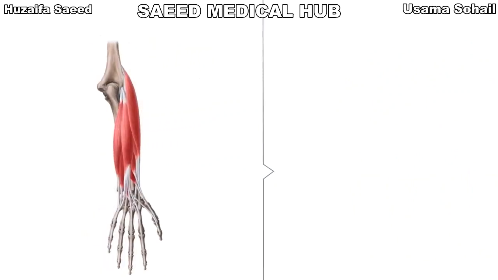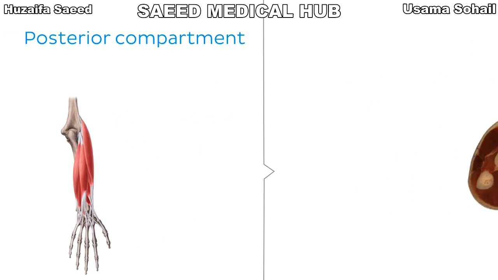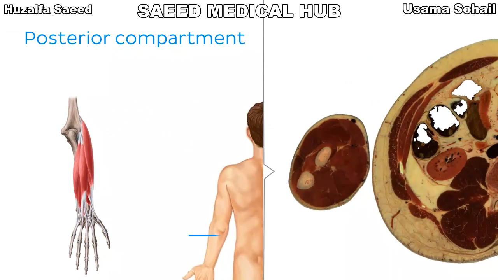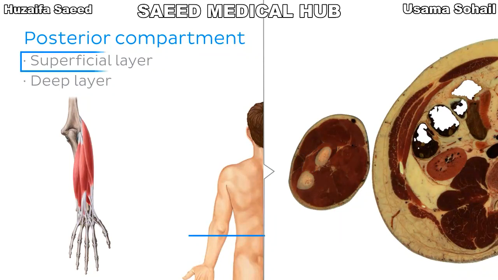So let's now turn our attention to the posterior, or the extensor compartment of the forearm, which contains 11 muscles. Just like the anterior compartment, we can divide the posterior compartment into a superficial layer as well as an underlying deep layer. And as before, I'm going to first begin by identifying these superficial muscles.